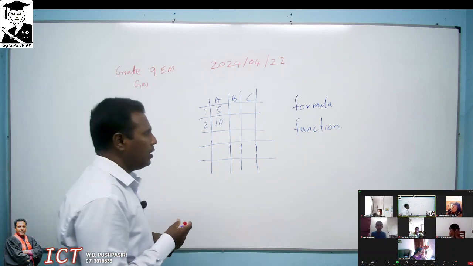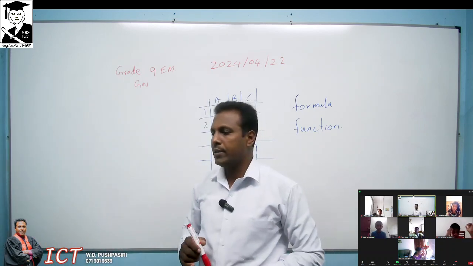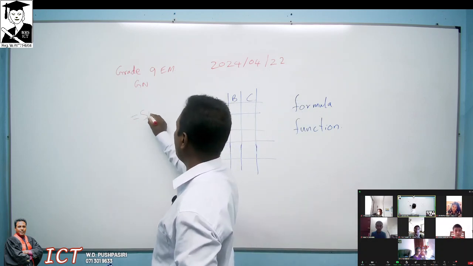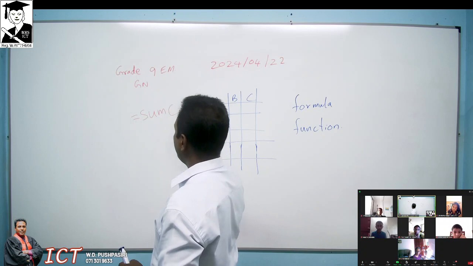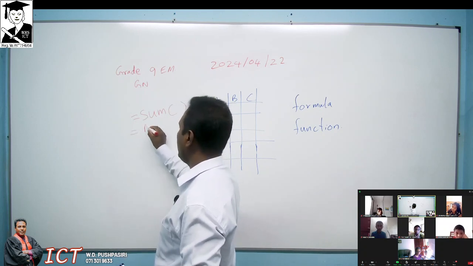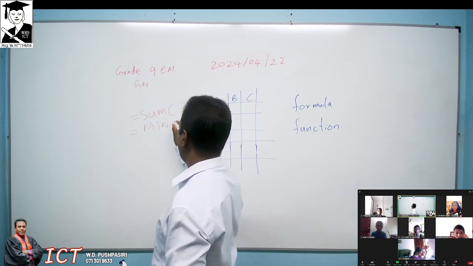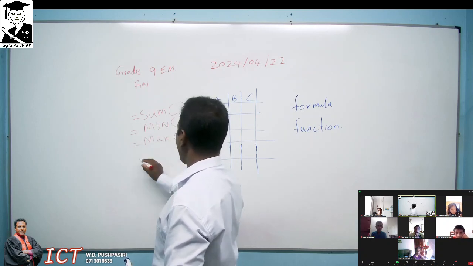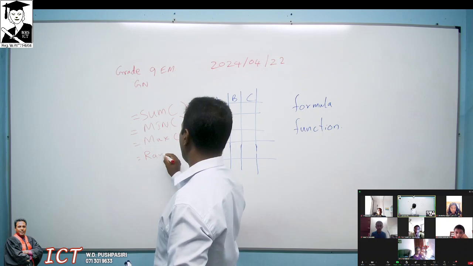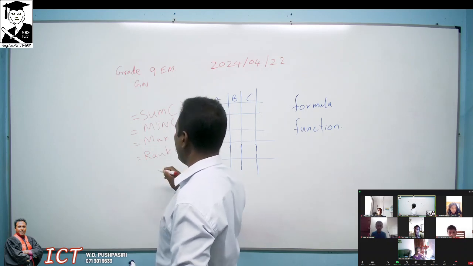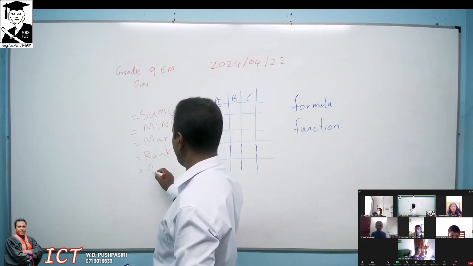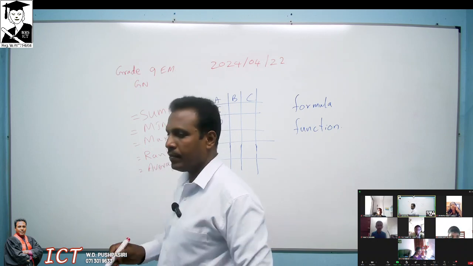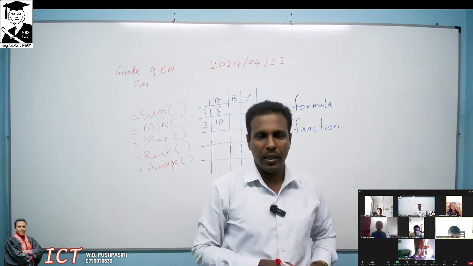Can you remember that we discussed something like equal sum, and equal mean, max, rank, and average? Can you remember those things? Yes, sir.